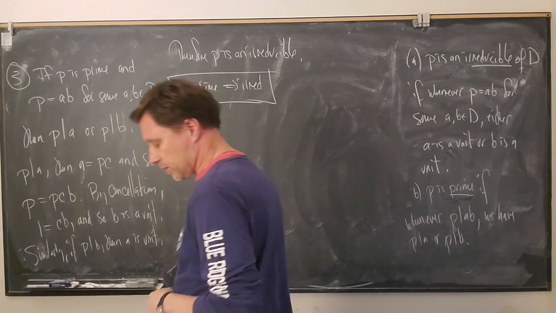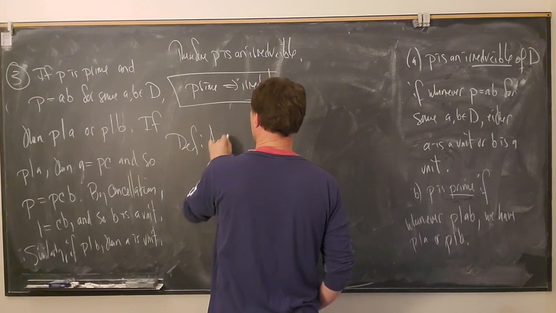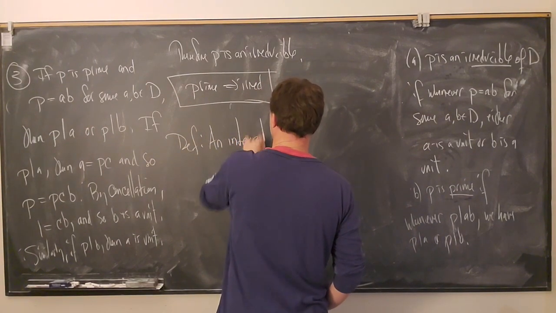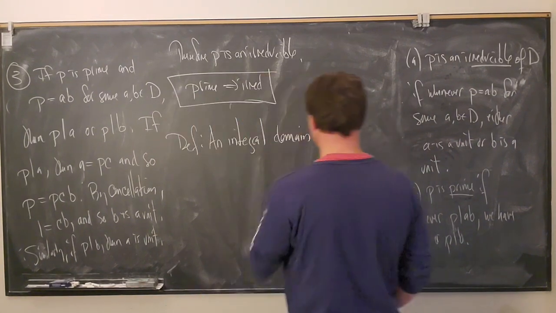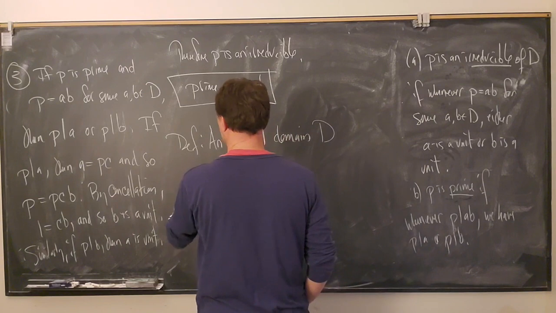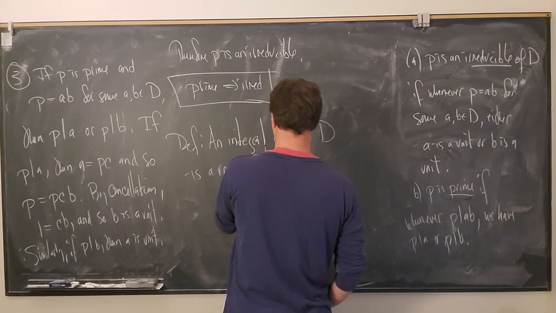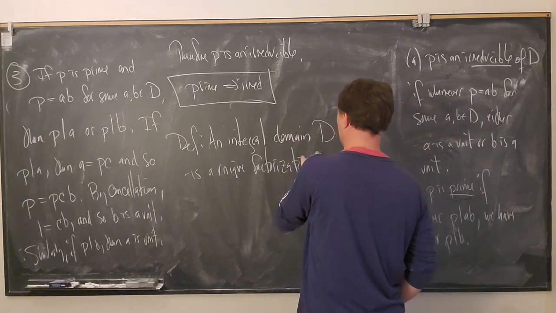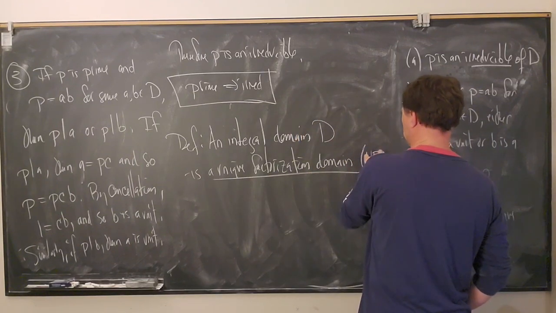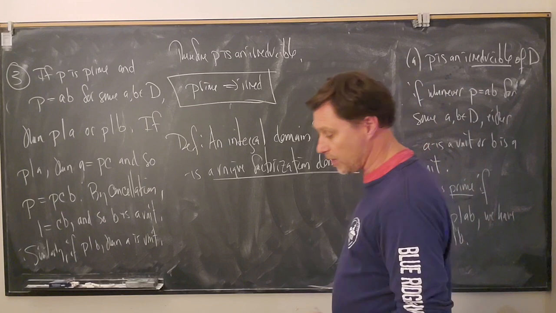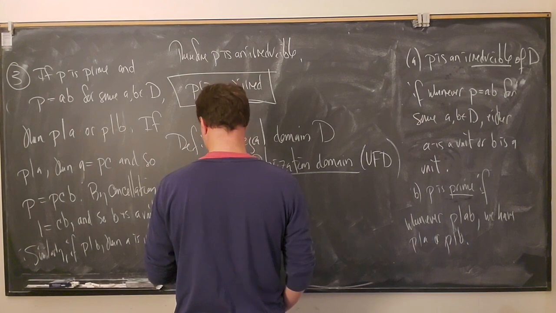So this leads to our most important definition of this chapter. An integral domain, say capital D, is a unique factorization domain, which we will typically abbreviate as UFD, if two parts of this.